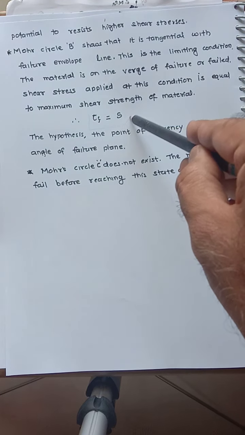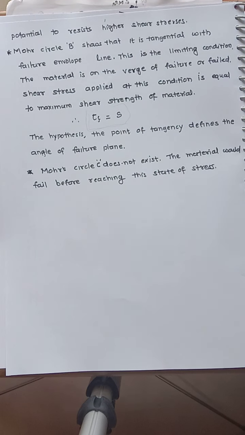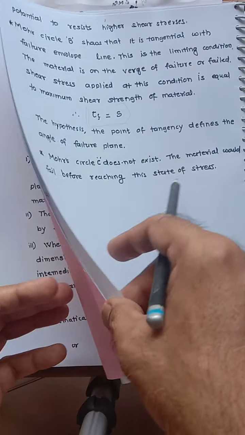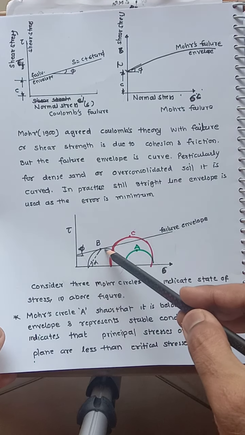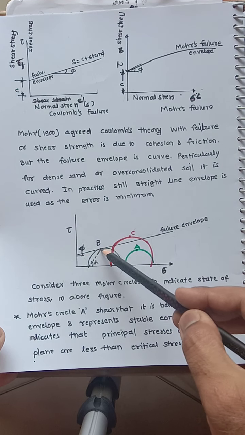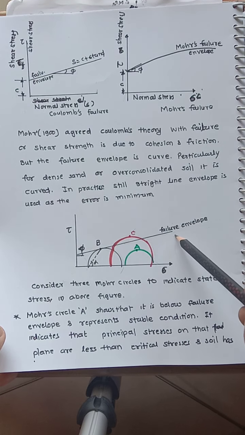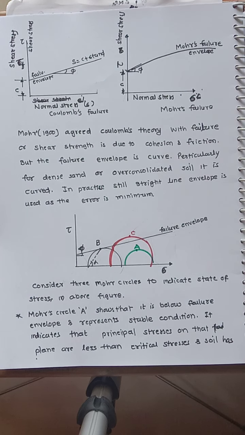So on that line we get this limiting condition, the shear stress at which the failure plane is alpha. Okay, in the figure, on this point, on this line, the shear strength S is equal to C plus sigma tan phi.